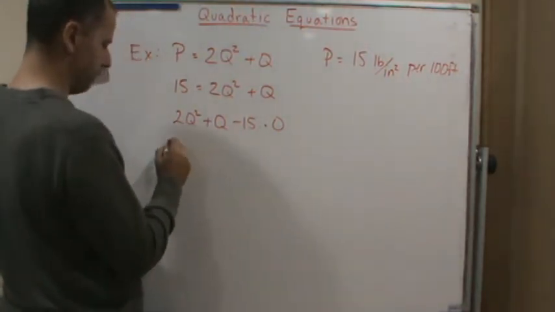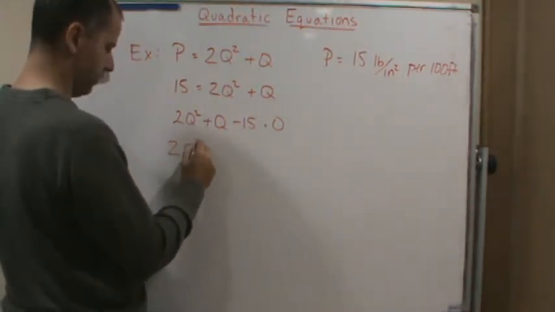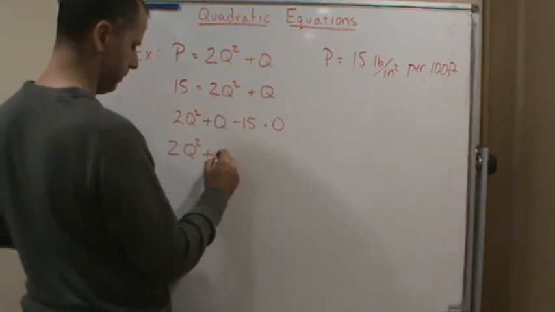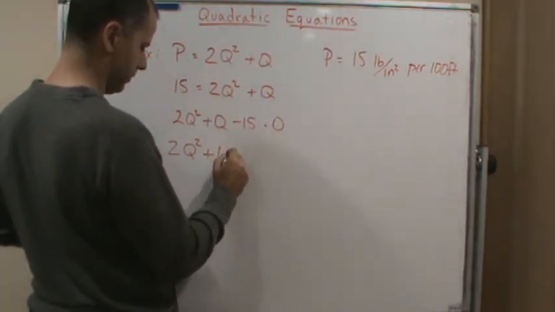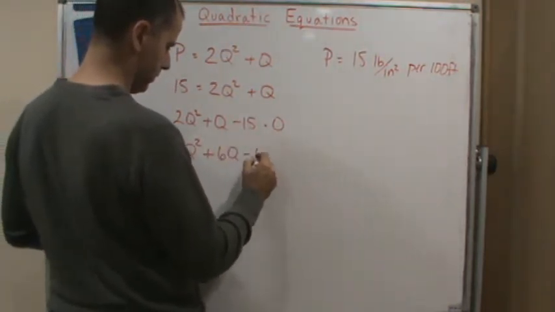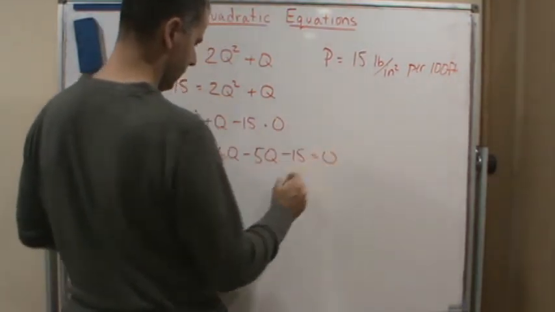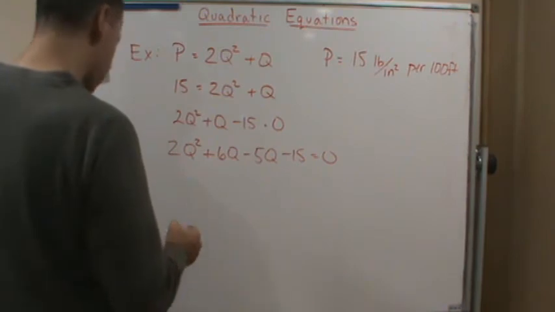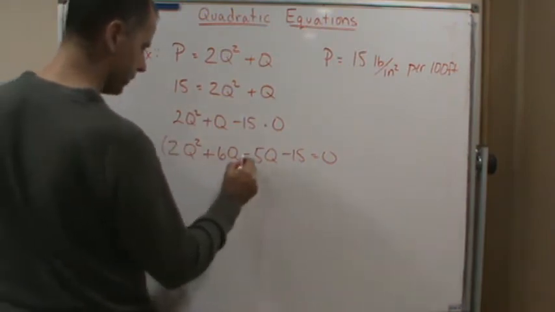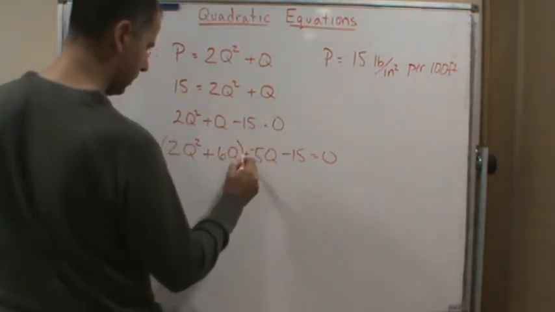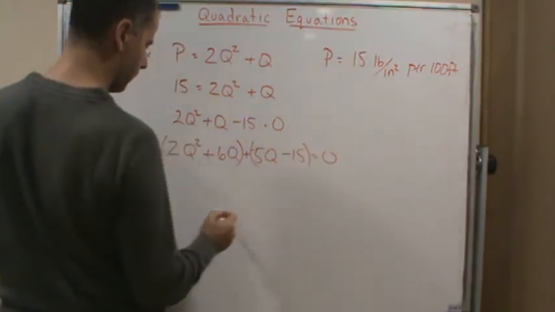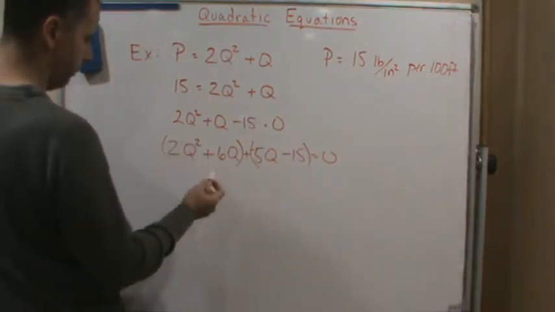So now we're going to decompose the middle term. And now we're going to factor by grouping. So this is plus negative 5Q, so I'm going to do that.